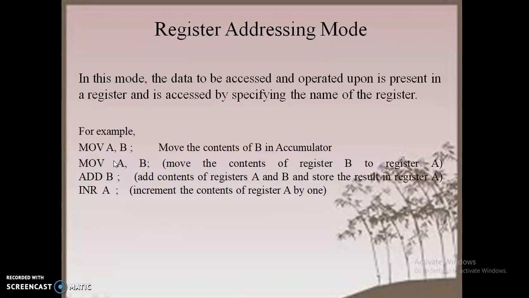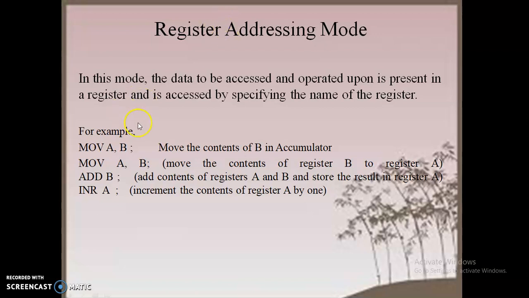But in register addressing mode, both operands are registers. In this mode, the data to be accessed and operated upon is present in a register, and it is accessed by specifying the name of the register. In register addressing mode, both operands are only registers, that means any general purpose register or accumulator.